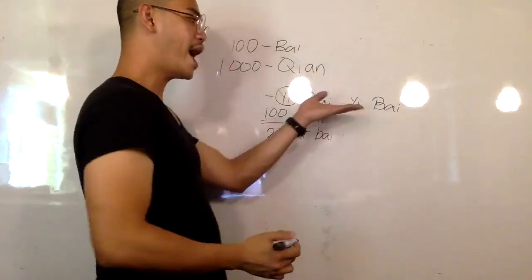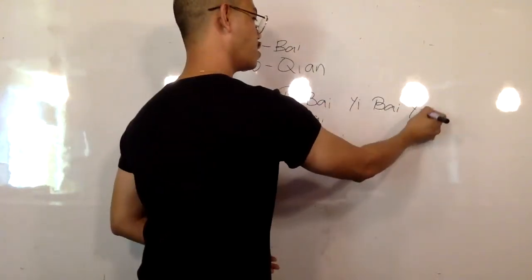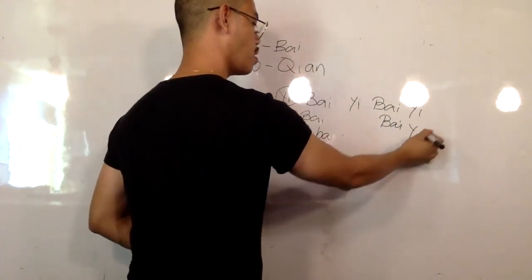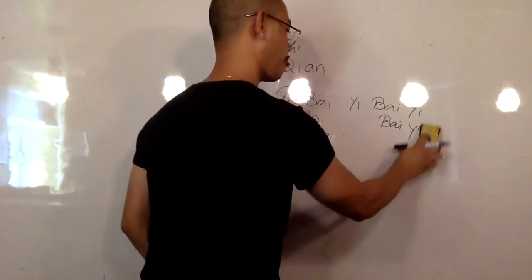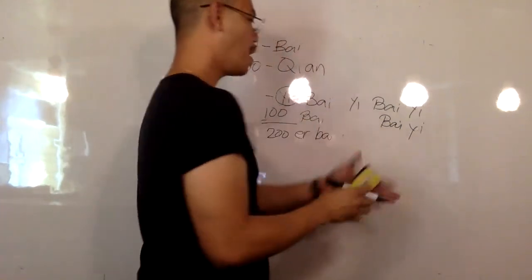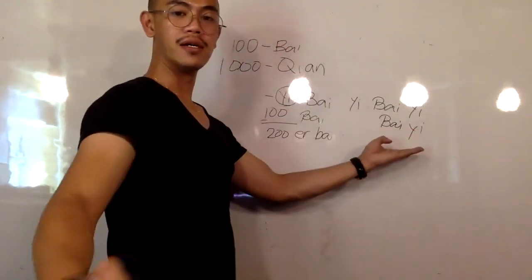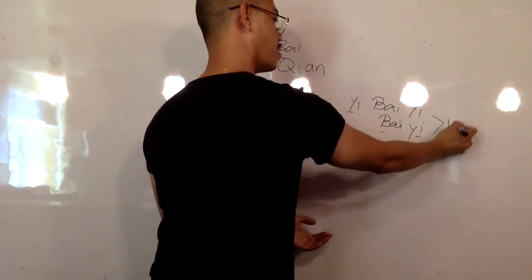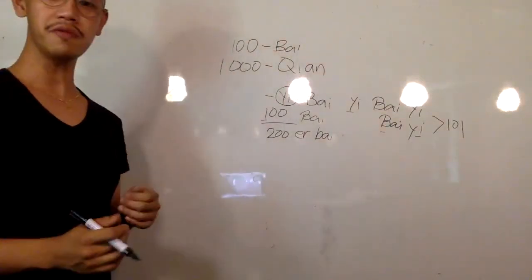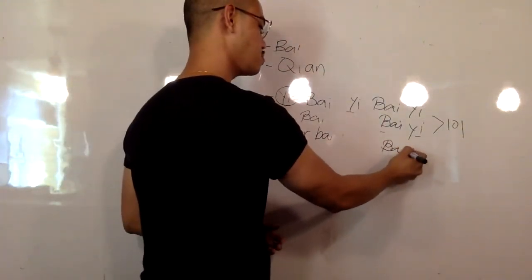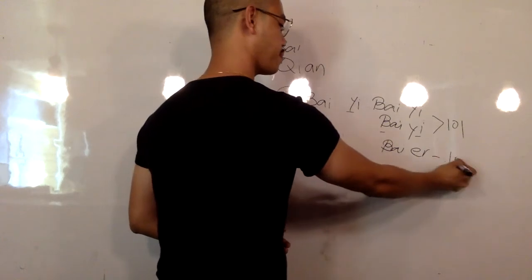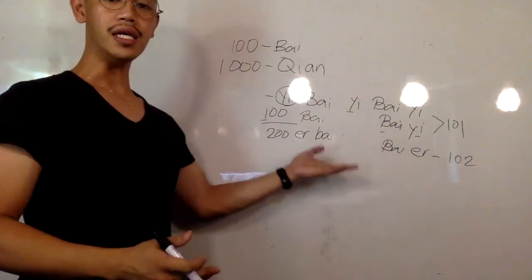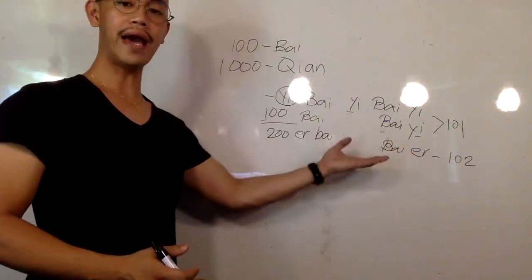Yī bǎi líng yī, or bǎi líng yī. How do you say 102? Bǎi líng èr or yī bǎi líng èr.